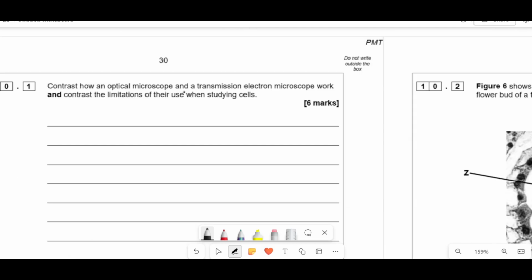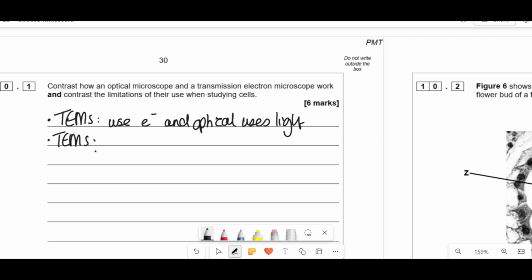So then it says contrast how an optical microscope and a transmission electron microscope work, and then contrast the limitations of their uses. So just literally one by one: transmission electron microscopes use electrons, and optical uses light. What else can you say about TEMs?